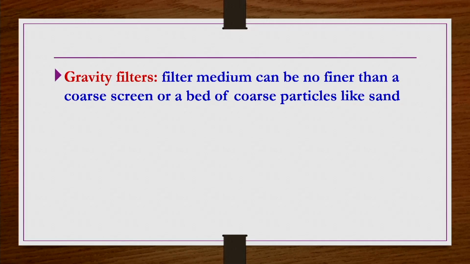You take a bed of sand and allow the water that you want to clean to pass through it, so that whatever coarse particles are there in the liquid or water are retained by the bed of sand, and clear water can be taken at the bed. That is the simplest case one can see of a gravity filter.